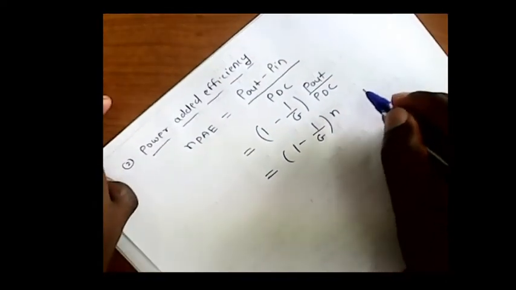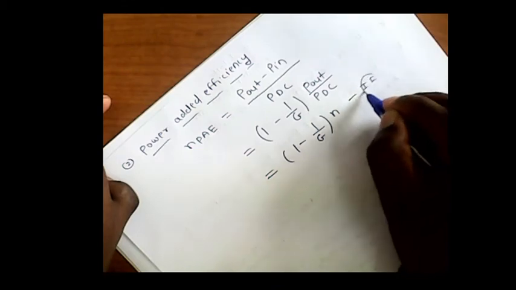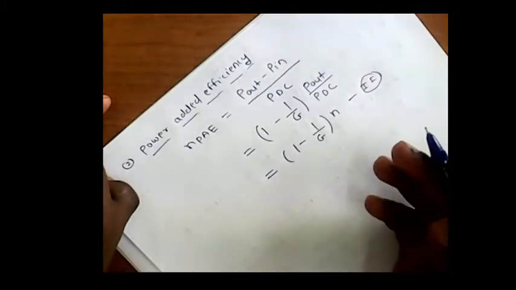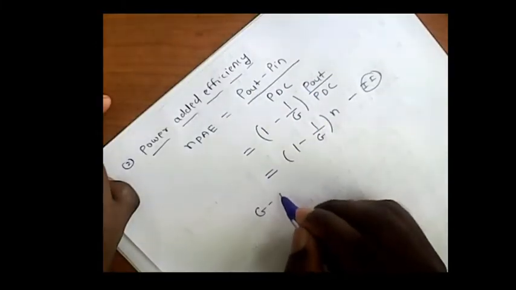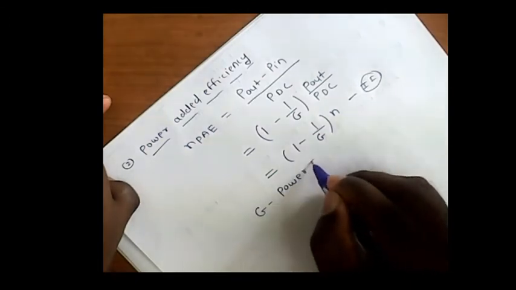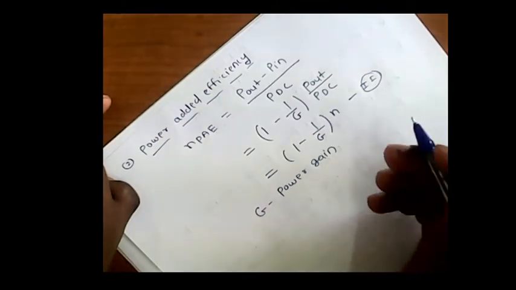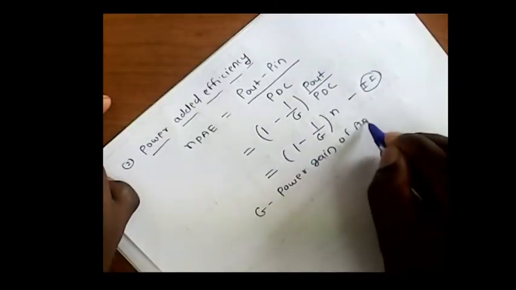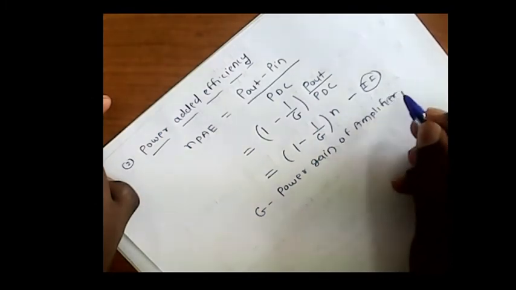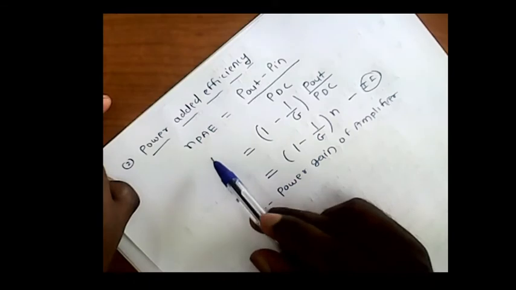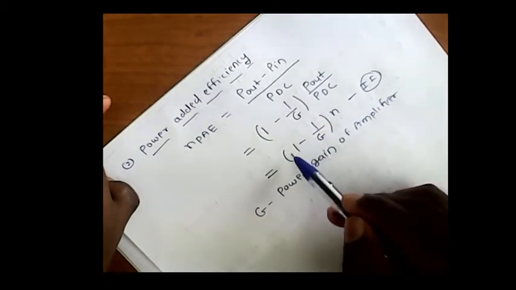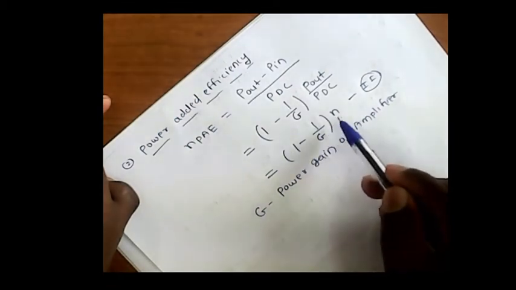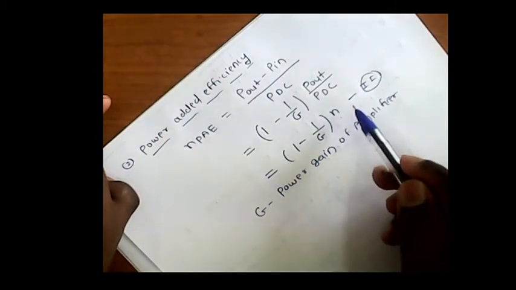This is equation number 2. So we can write the power added efficiency in terms of the normal power amplifier efficiency eta, where G is the power gain of the amplifier.